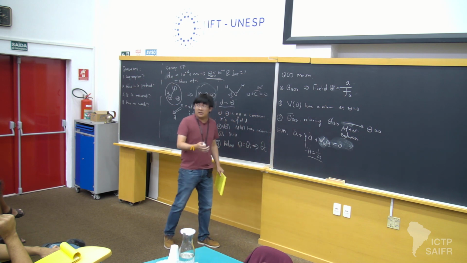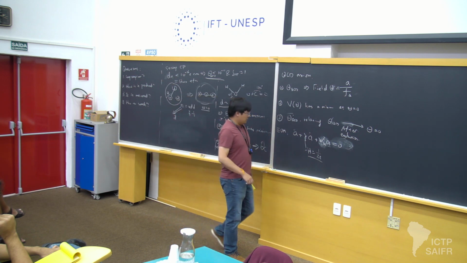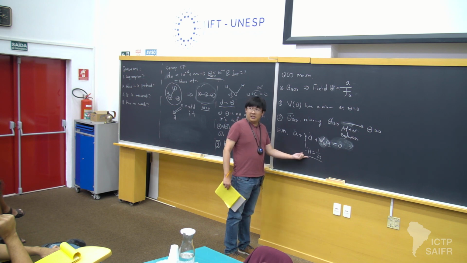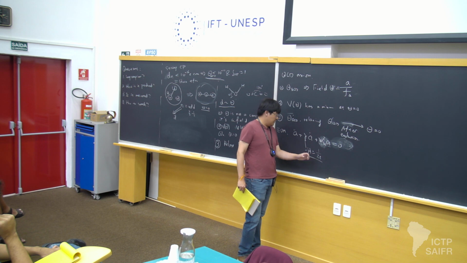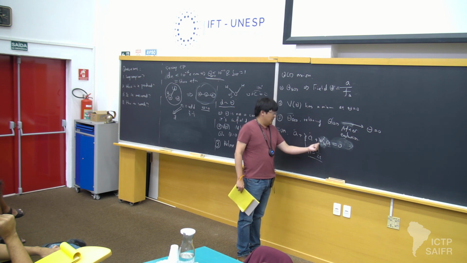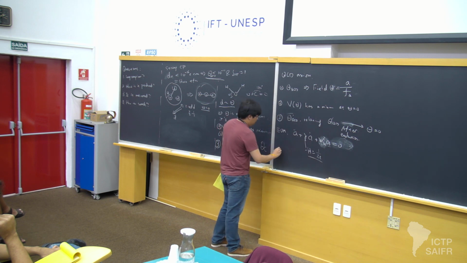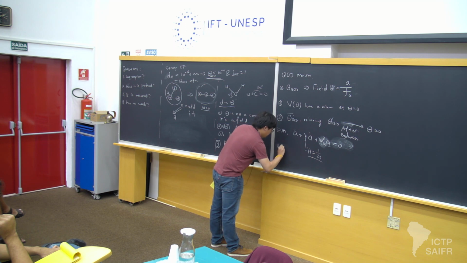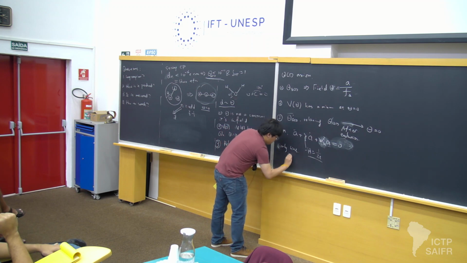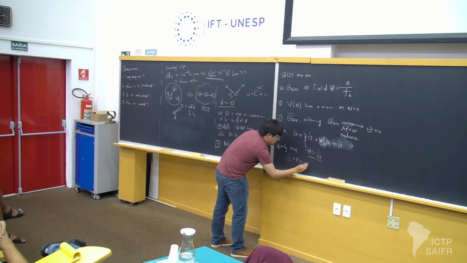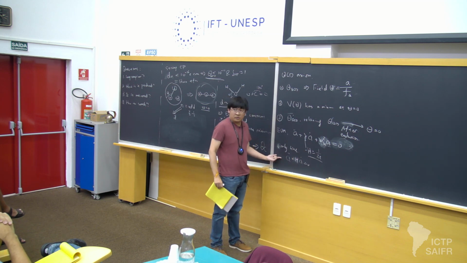Now we can study its behavior. First, let's look at a very early time. At very early time, Hubble is very big. m_a is something that's constant, so it's kind of small. So you can always go to some very, very early time such that this term dominates. In this case, at early time, the first two terms are the most important, and I know what the solution of this is.